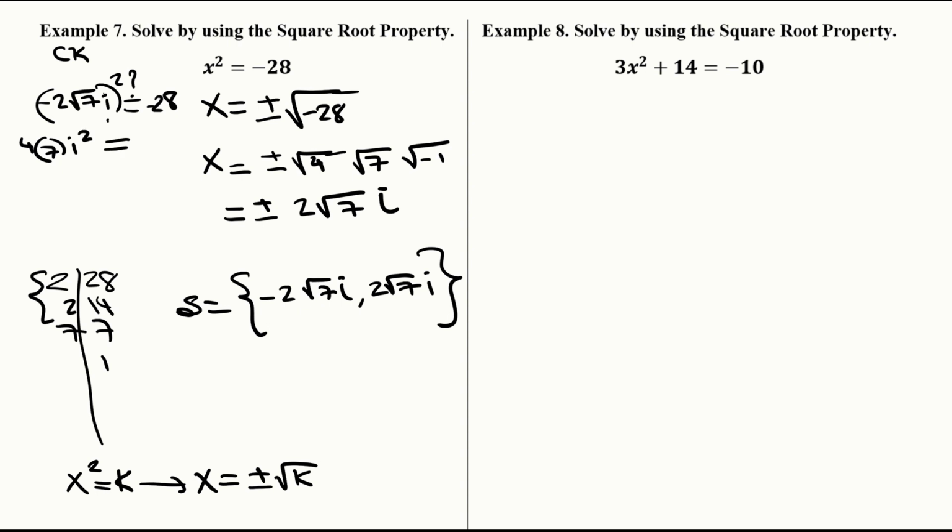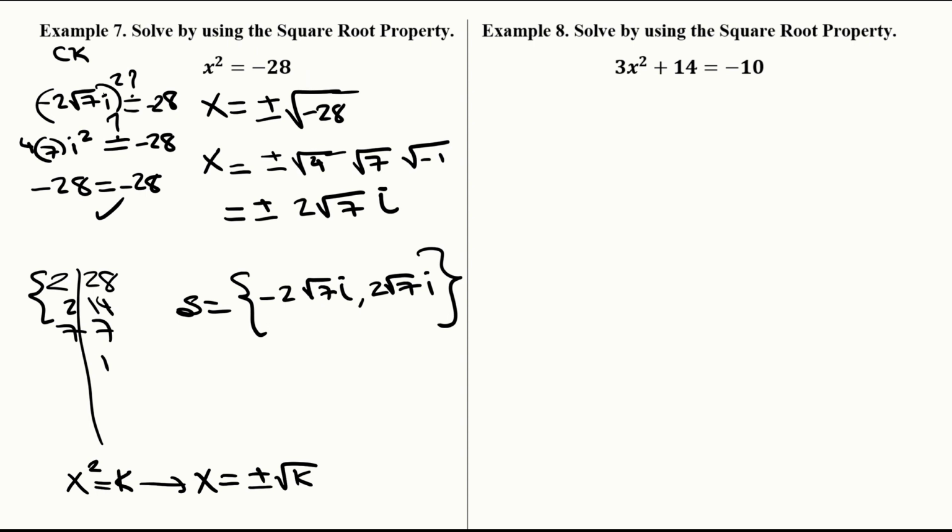We want to know if that's equal to -28. i squared, of course, we know is -1, so we have 28 times -1. So we get -28 equals -28. We can drop the question mark because we have verified it. It does make the equation true, so it works. Again, you can do the same with 2 radical 7i.